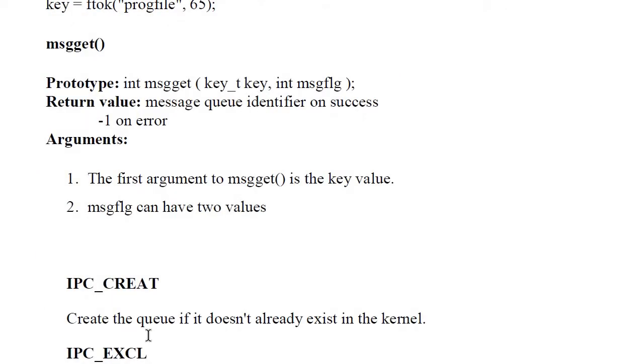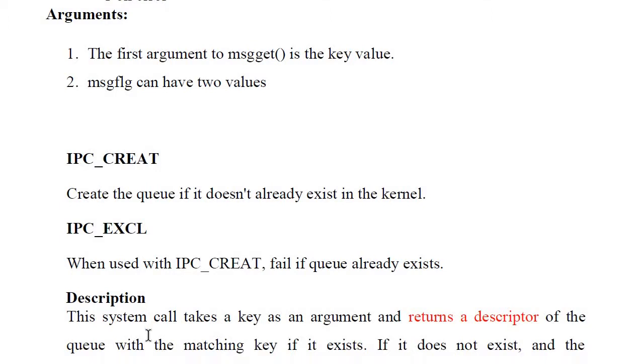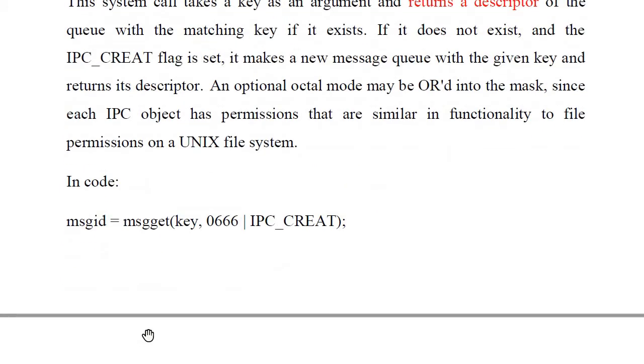As I told you, the first argument is the key value. Next is the message flag. It has two values. First is IPC_CREAT, it creates the queue if it doesn't exist. Then IPC_EXCL, when used with IPC_CREAT, fails if the queue already exists. Okay.